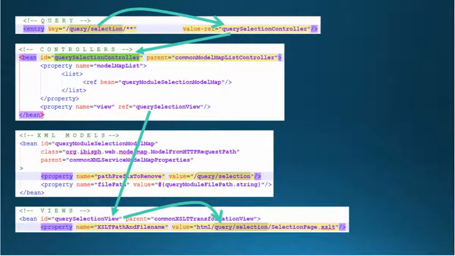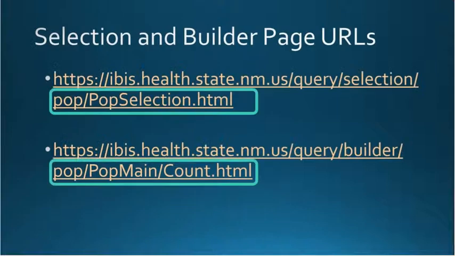So the URL pattern dictates to ibis-ph-view which XSLT file to use. The URL pattern starting with query also tells IBIS that the XML files will be in the query module folder. The next part of the URL tells IBIS which XML file to use.